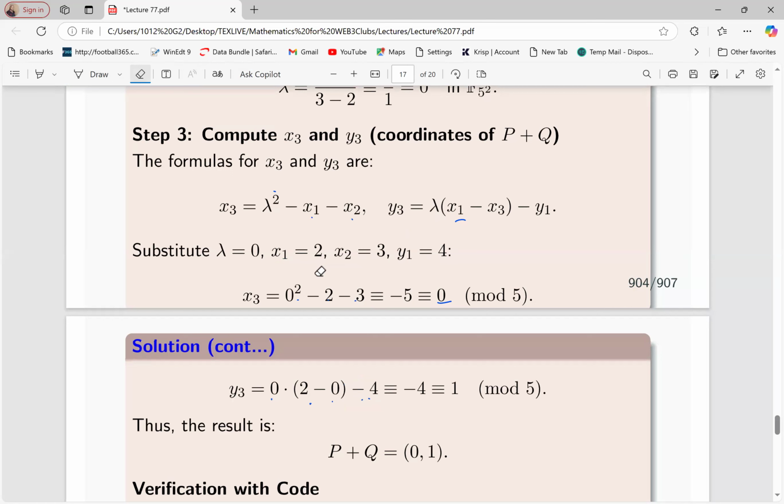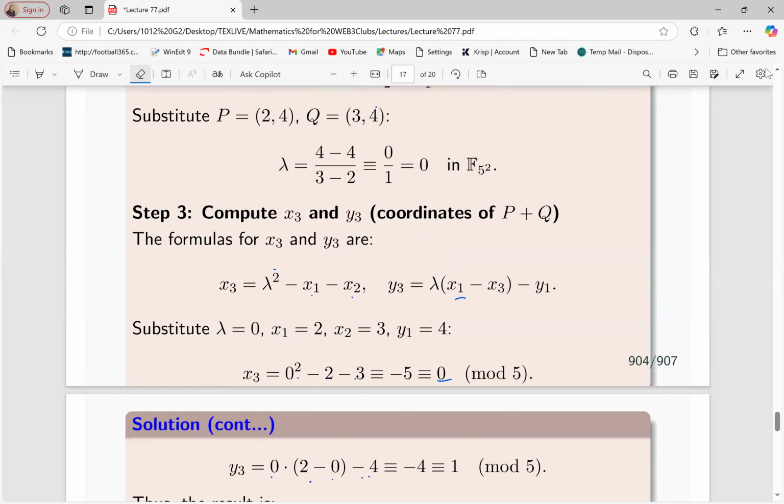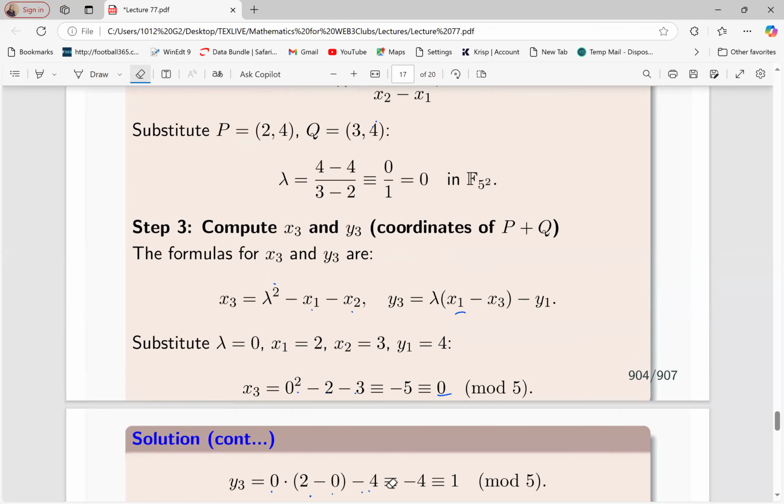Okay. Now, I had a code for summing up. There's a code I wrote for summing up. So we are summing 2, 4 and 3, 4. Let me share that code.